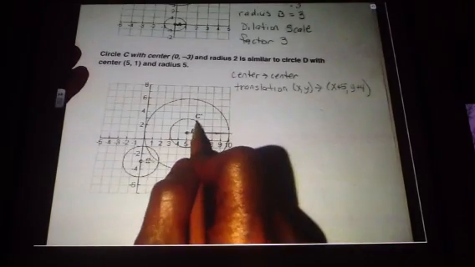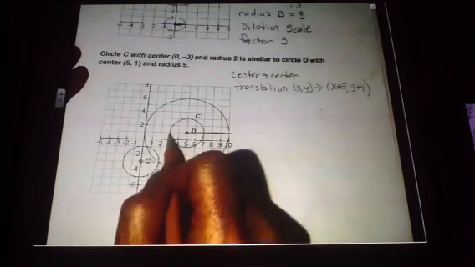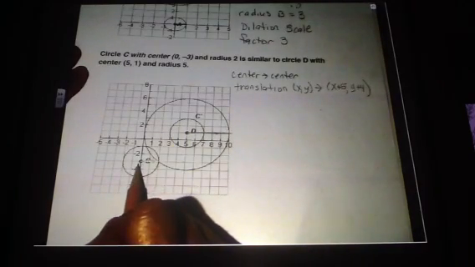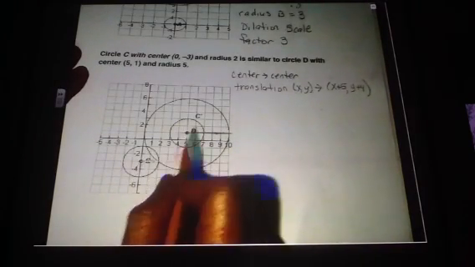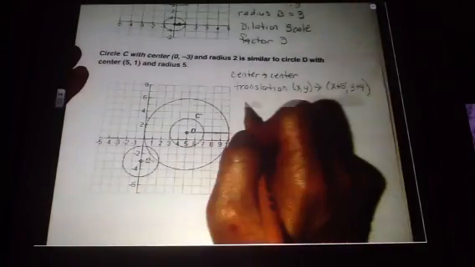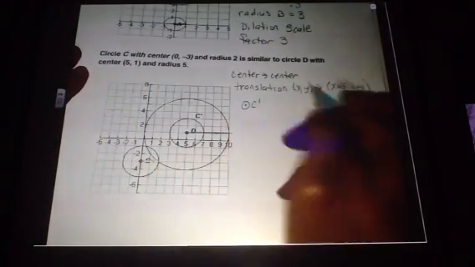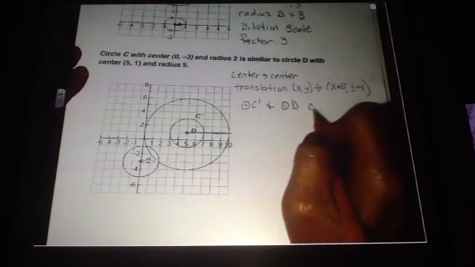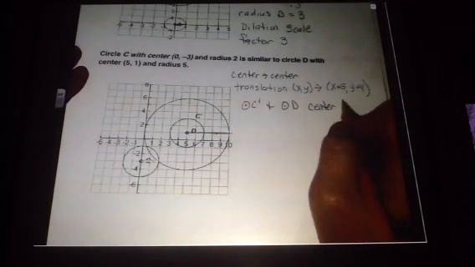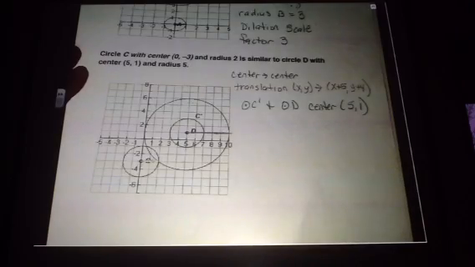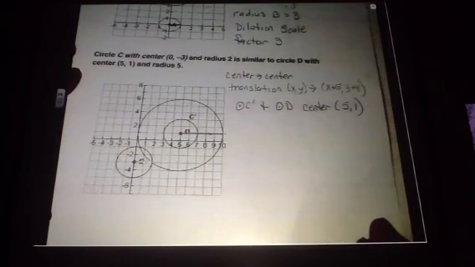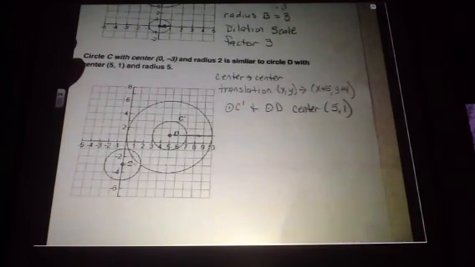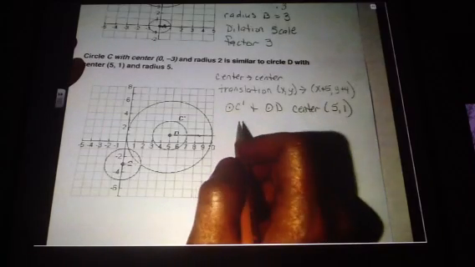All right, now that's what this circle here is. We've just translated circle C, right 5, up 4, now we have C prime. So circle C prime and circle D have a center at 5, 1. So now we can compare the radiuses.